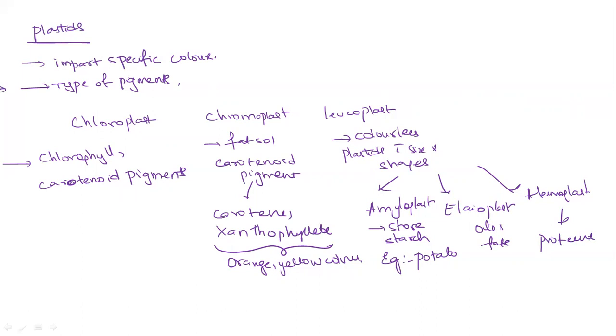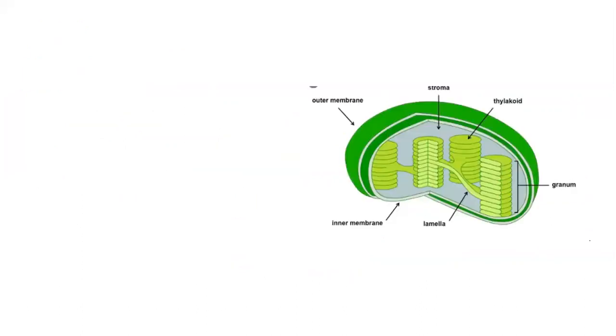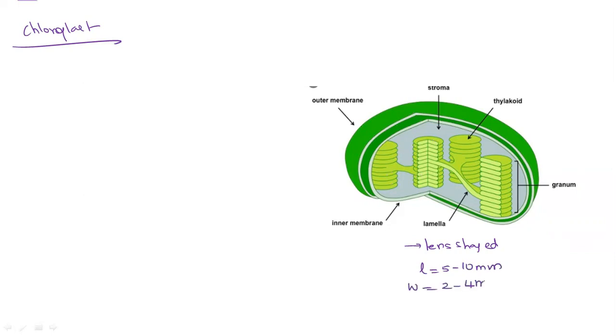Now let us talk about chloroplast. Chloroplasts are lens-shaped, and they can be oval, spherical, discoid, and ribbon-shaped. Their length is 5 to 10 millimeters and their width is 2 to 4 millimeters.